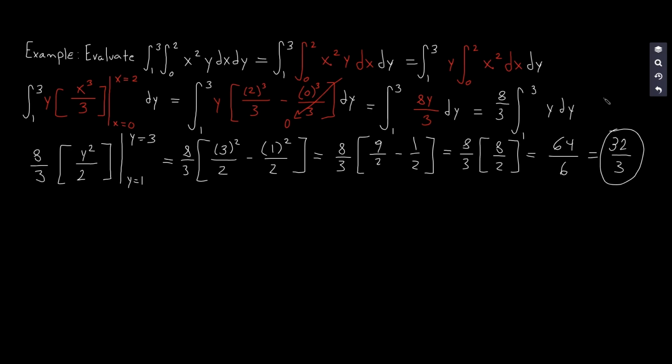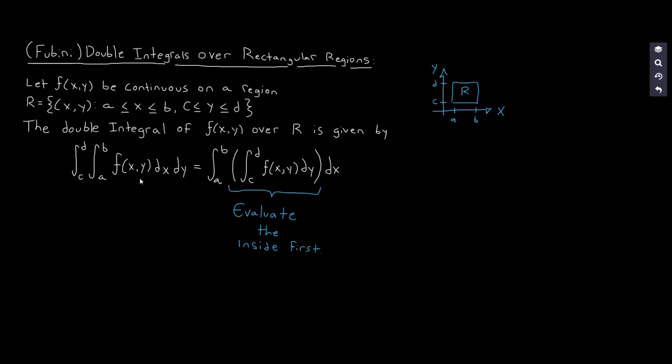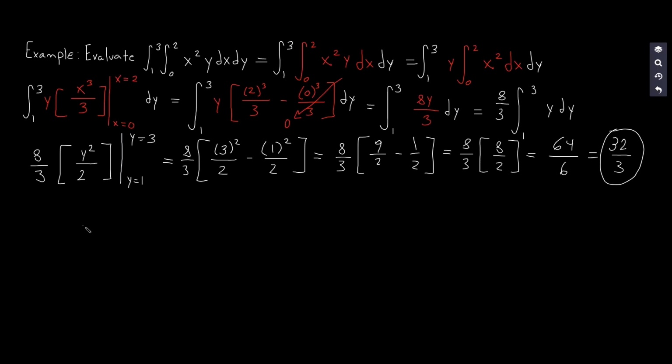So that means that the surface here, let's look at our formula right here. And maybe I should note again that z equals f of x and y. So that means that here, z equals, in the integrand, x squared times y.